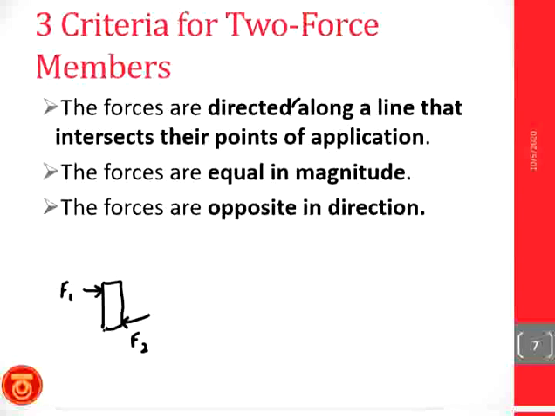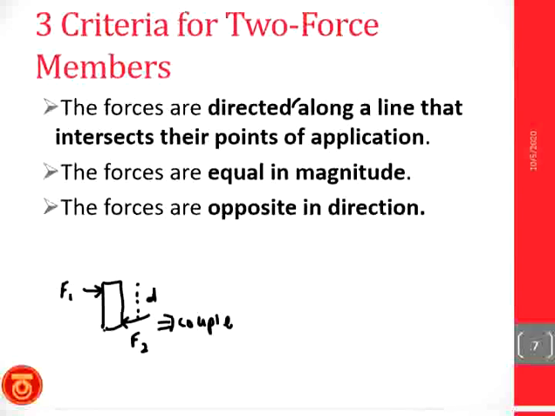F1 and F2 have the same magnitude and opposite directions, but the distance between them is d, so this results in a couple.